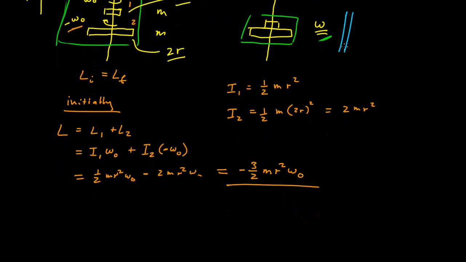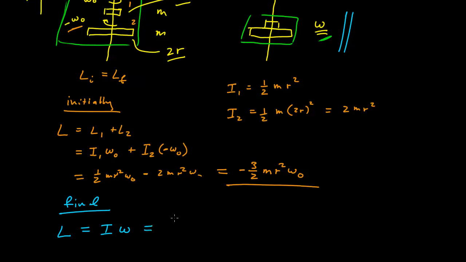after they come together? Now they're rotating at a common angular velocity. So in the final stage, we have a total angular momentum. Now they're just rotating as one object, so that one object has some moment of inertia times some angular velocity at which the entire system is rotating.